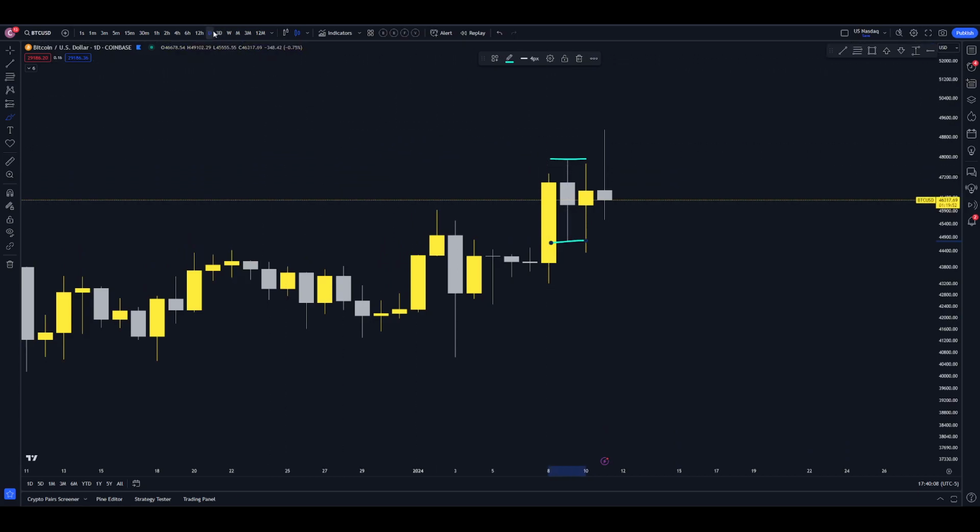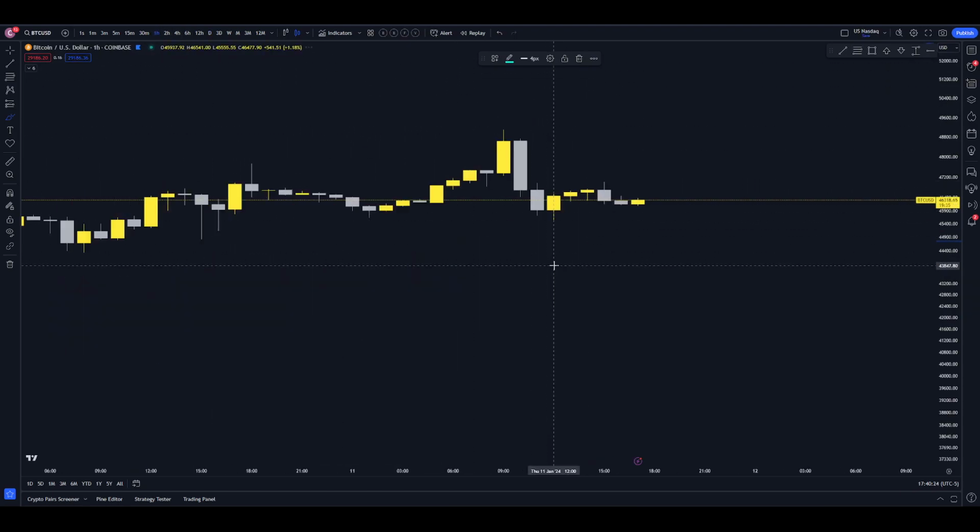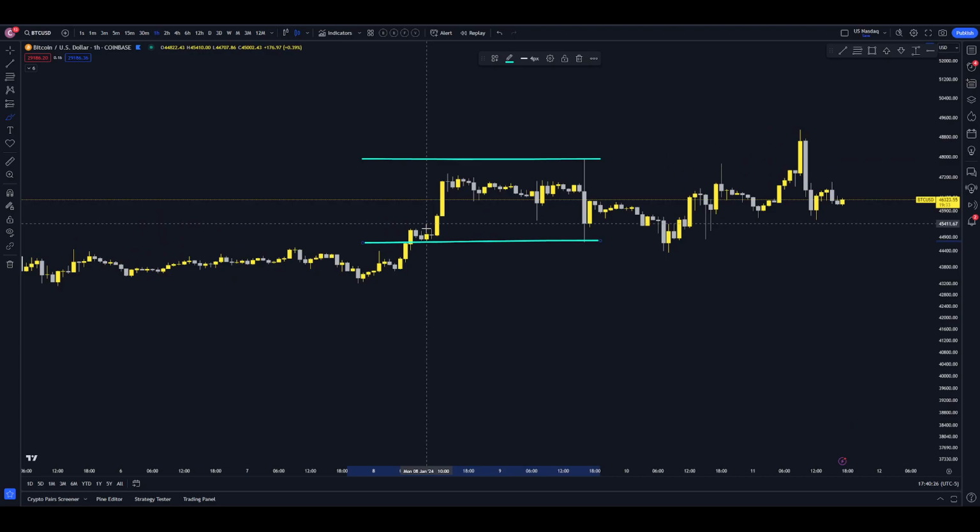So we're looking at the daily chart here. And if you were to zoom into the 1 hour, for example, you'll see that this daily is made of 24 1-hour candles, right? Because one daily candle is showing the price action from an entire day or 24 hours.